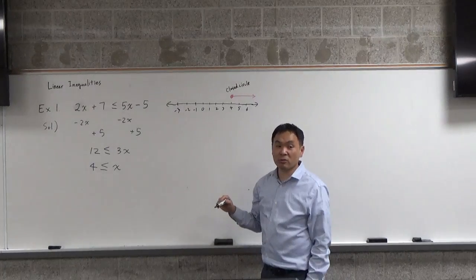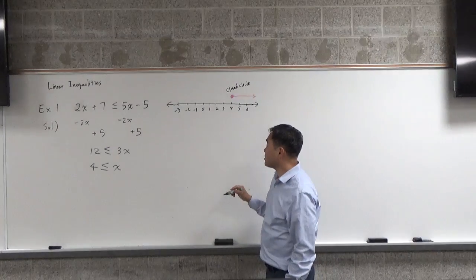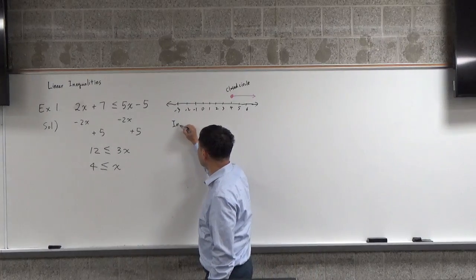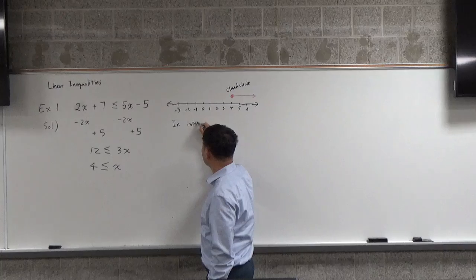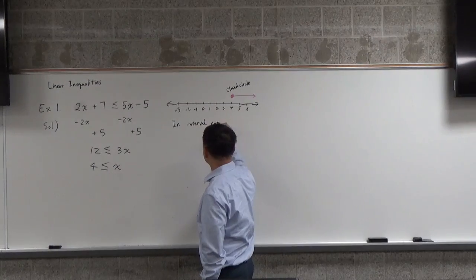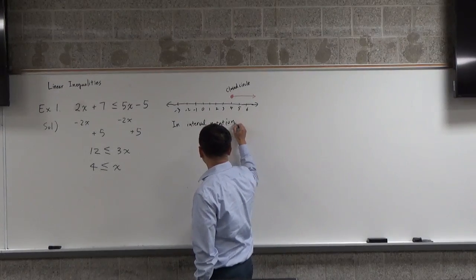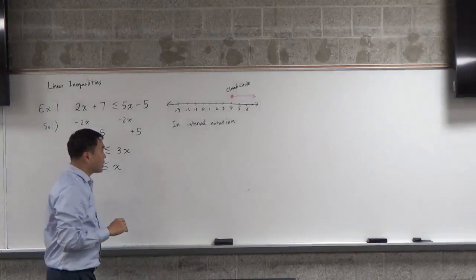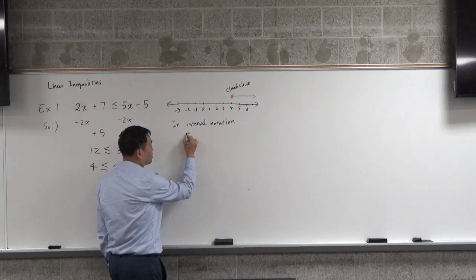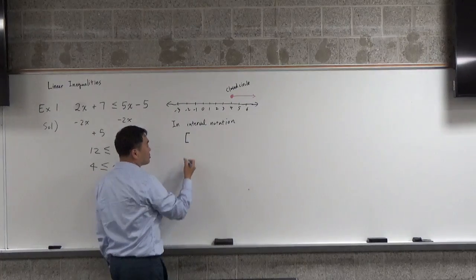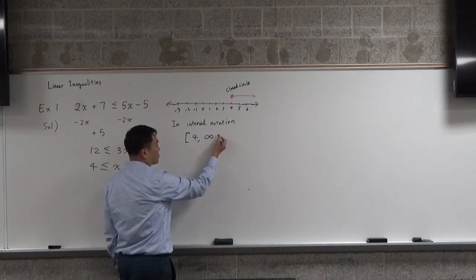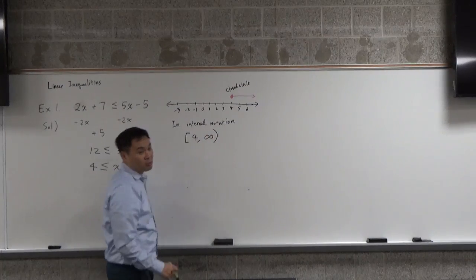And also you need to know how to write this in interval notation. So in interval notation, interval notations use two kinds of brackets. So one is a square bracket, and the other is a round bracket.